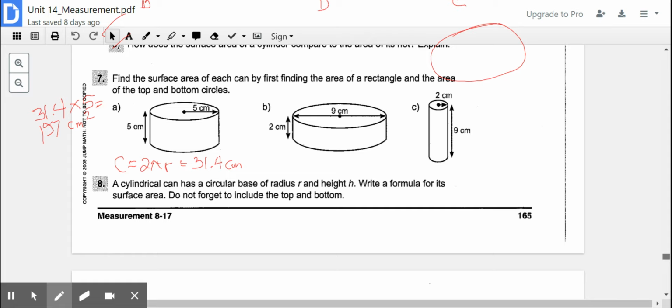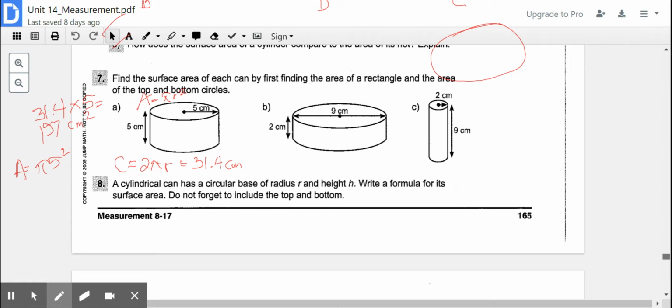Now the area of a circle is pi times the radius squared. Okay, so area equals pi times 5 squared. Okay, so order of operations, I have to do exponents first.